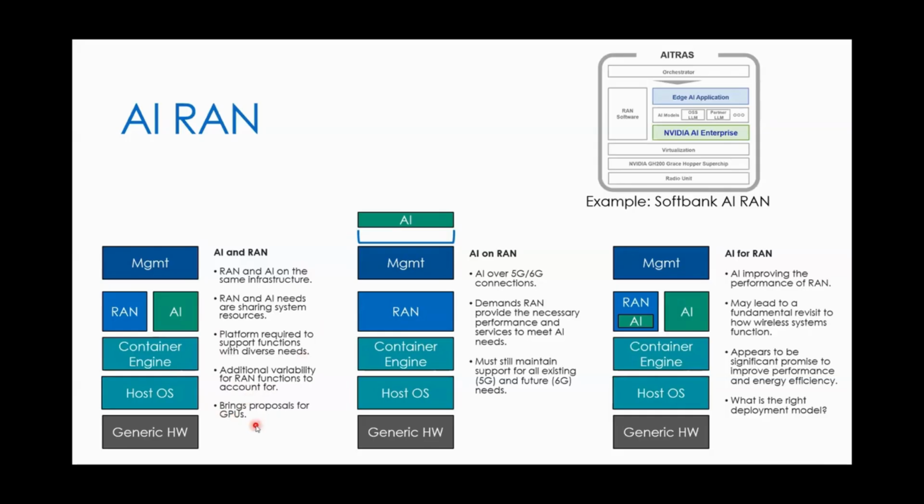And that has brought along a proposal about whether we should use GPUs to do this acceleration. In the AI world, GPUs are very commonplace and used everywhere. That is not the case in traditional RAN. So whether we can use those GPUs to do some of the layer one acceleration while also supporting AI workloads remains to be seen, and is some of the debate going on.